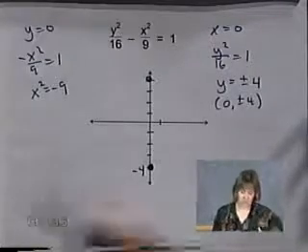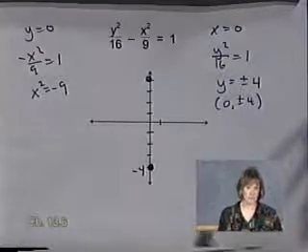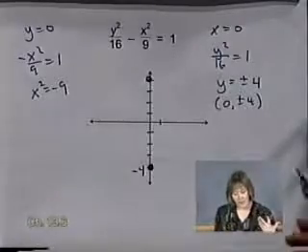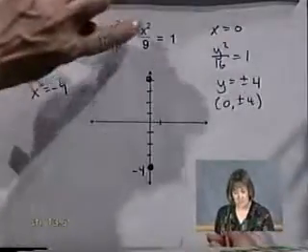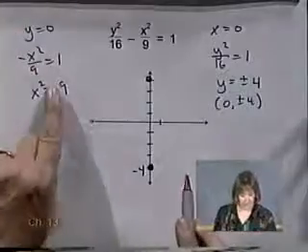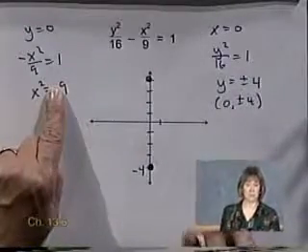I'm not going to go back to the whole derivation of hyperbolas and their definition, but a nice thing to know: if I got rid of that minus sign, I would have x is plus or minus 3.